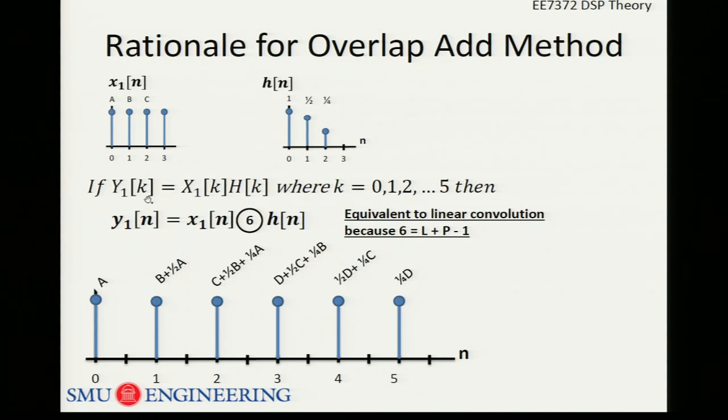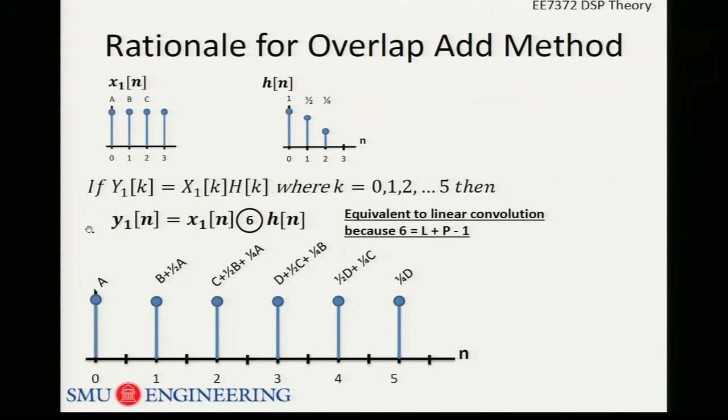Well, we know from all our DFT work that if y1 of k is x1 of k times h of k, that's multiplying the DFTs of those, then y1 of n is equal to the circular convolution of x1 of n and h of n. So if this is the case, then this is the case. So that's why we can take the DFTs, multiply and do an inverse DFT and get back to y1, because that's what we really want.